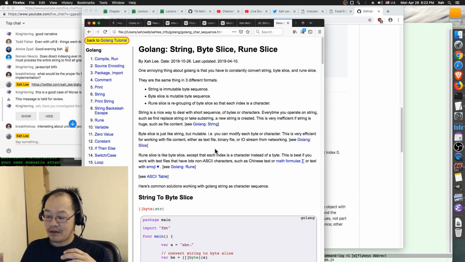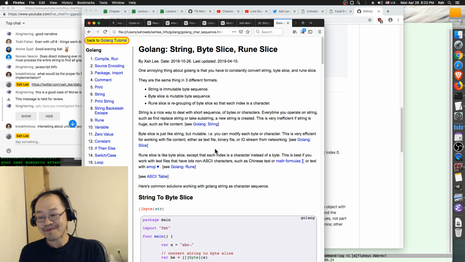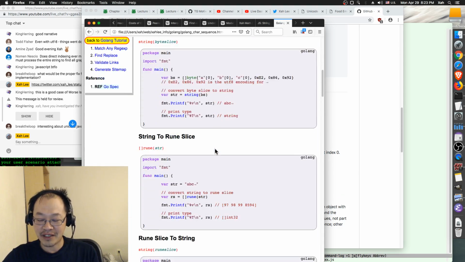In Golang, a string is a sequence of bytes. A string is a sequence of 8 bits. That's it. It's not about Unicode. It's not about characters. A string in Golang is simply a sequence of bytes. But what if I have a smiley?